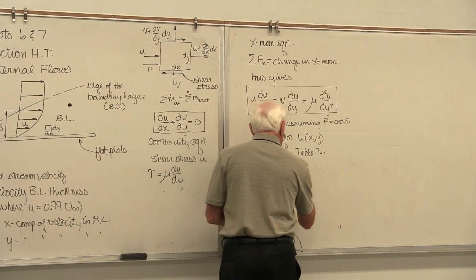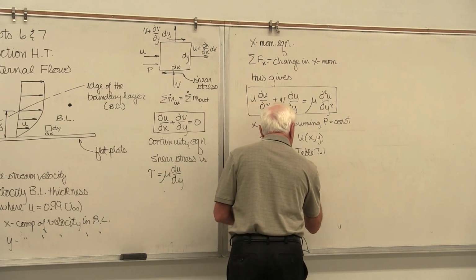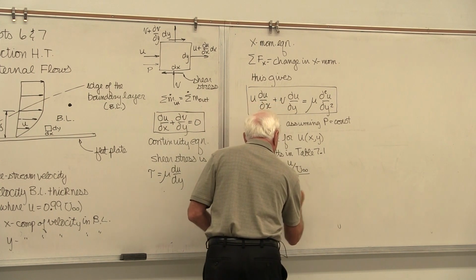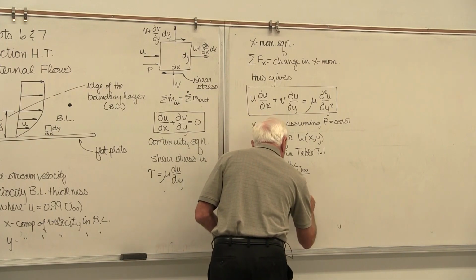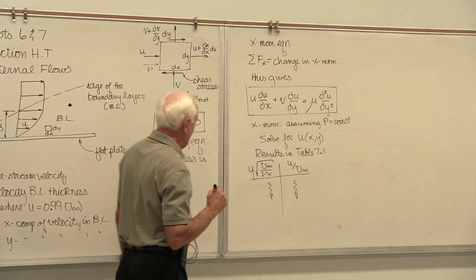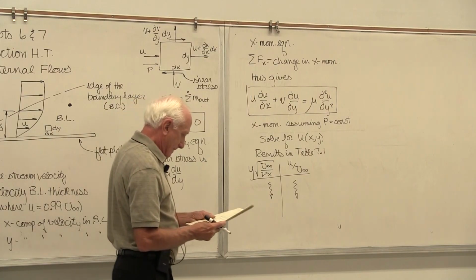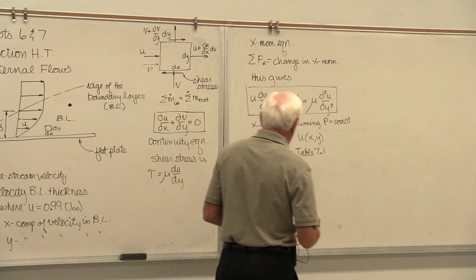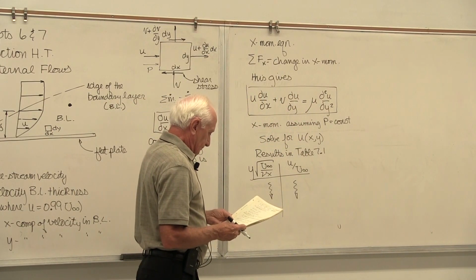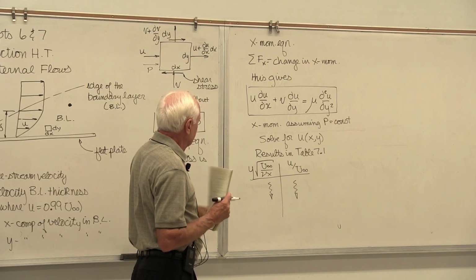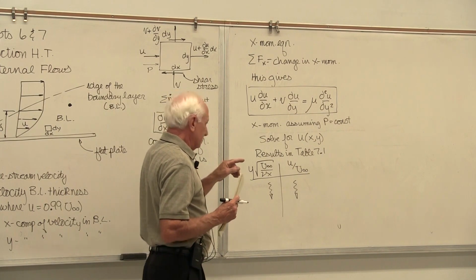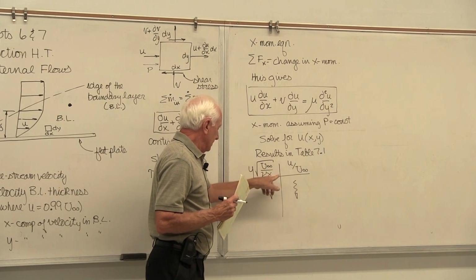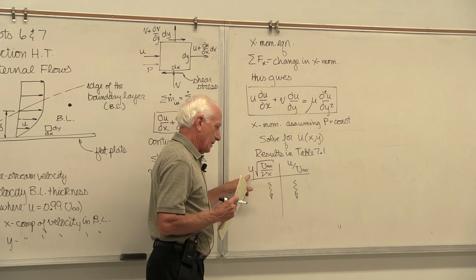The second column is little u over u infinity. There's u, there's x, there's y.